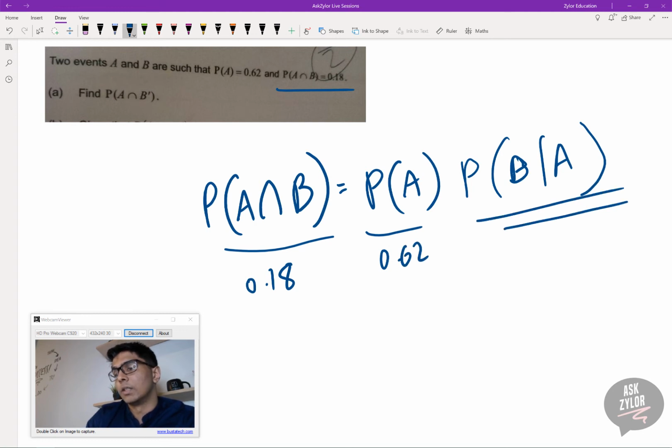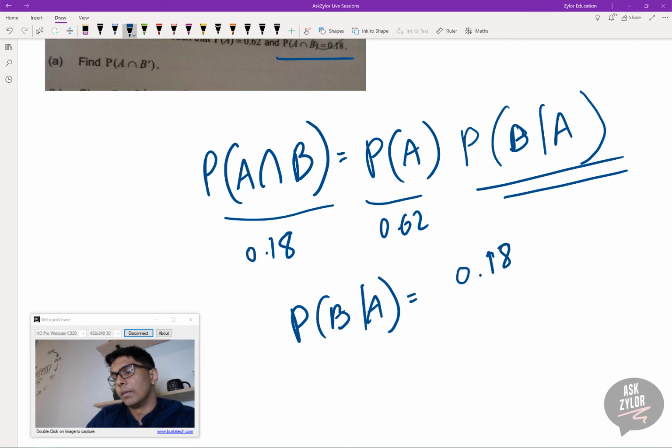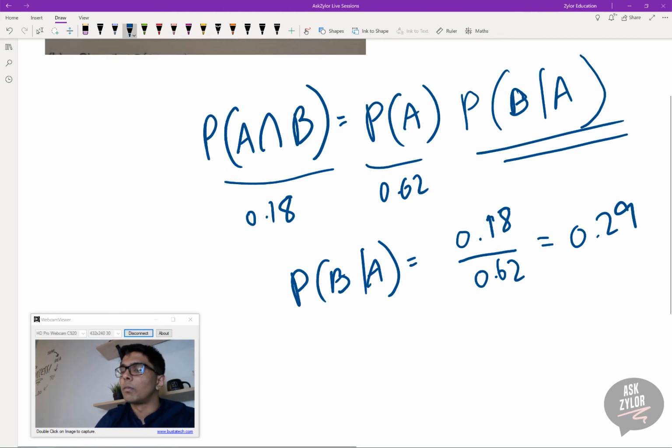I can find out what this is by dividing both sides by 0.62, so the probability of B given A is going to be 0.18 over 0.62, which gives me 0.29.